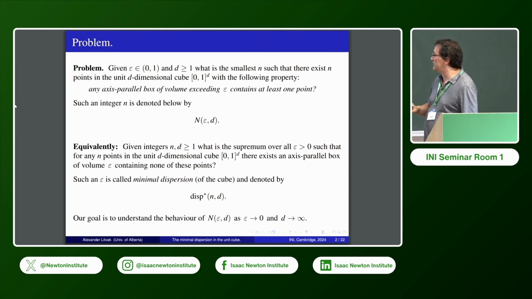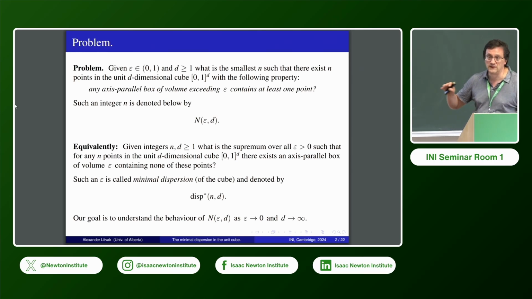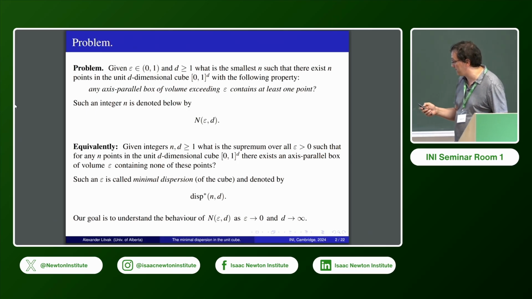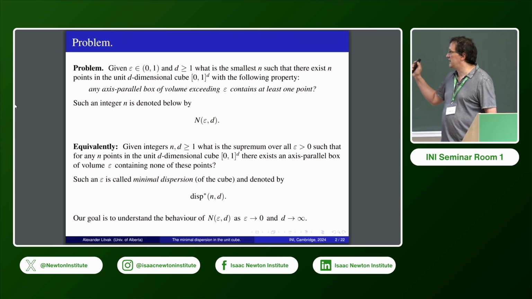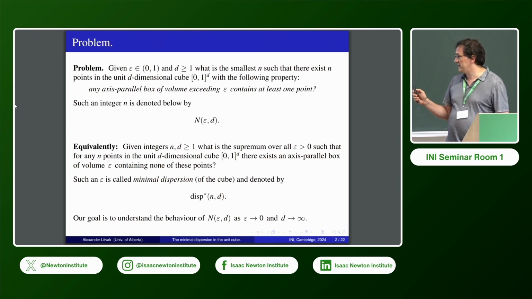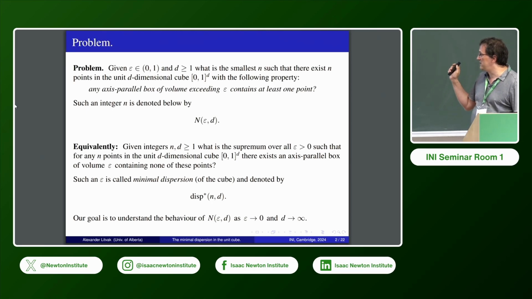There are a lot of works where people fix one of the two variables, and if one variable is fixed, we more or less know the behavior. There are many works in this direction, and in particular many works in dimension 2, which I don't mention.